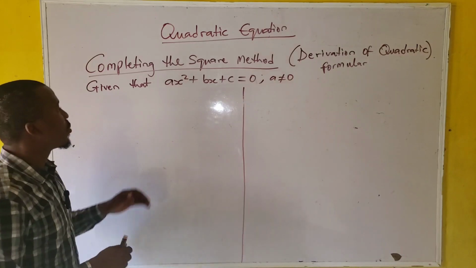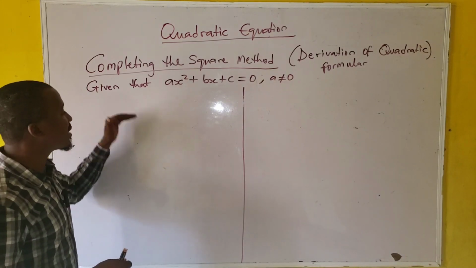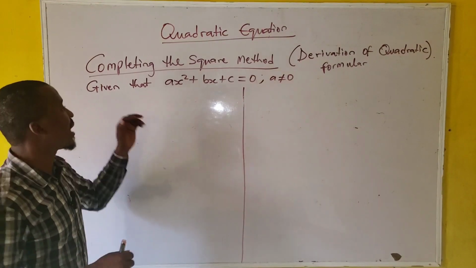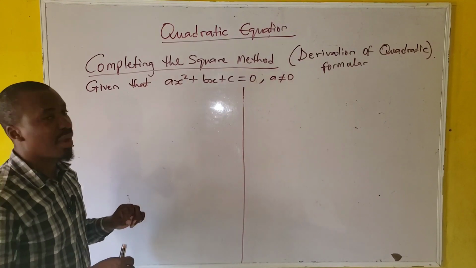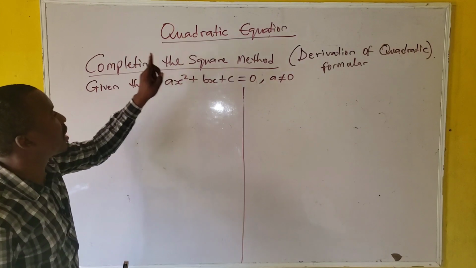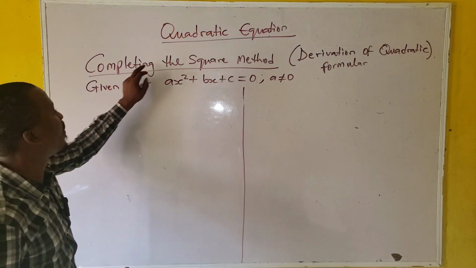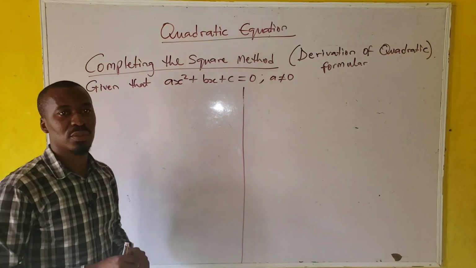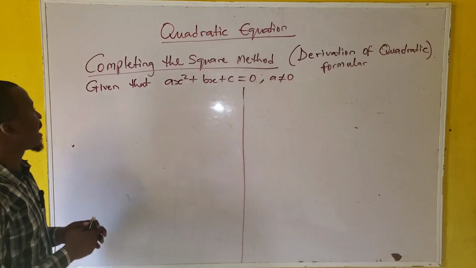So today we are going to look at these steps of deriving the quadratic formula, which is also the same way of solving a quadratic equation using the completing the square method. Okay, so let us start.